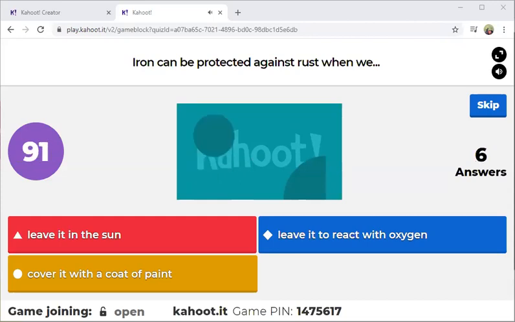Yeah, see, 6 answers are in. Can iron be protected against rust when we leave it in the sun, or when we leave it to react with oxygen, or when we cover it with a coat of paint? Is it red, blue, or orange?